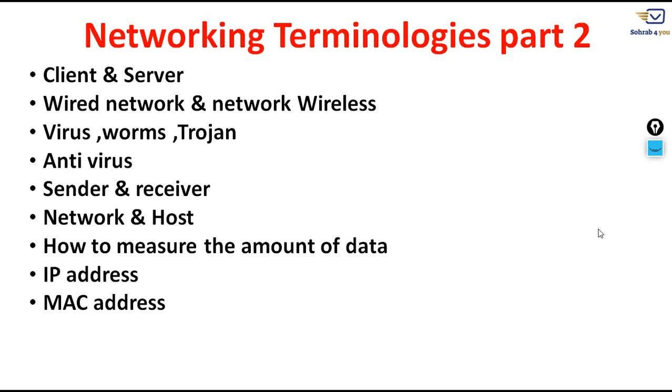What do you mean by sender and receiver? Network and host. How to measure the amount of data? And IP address. The last one is MAC address. So these are the topics we are going to cover today in this third video. So let's get started.